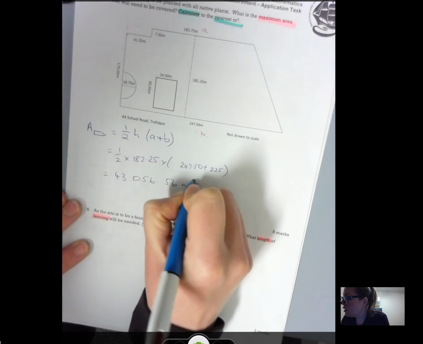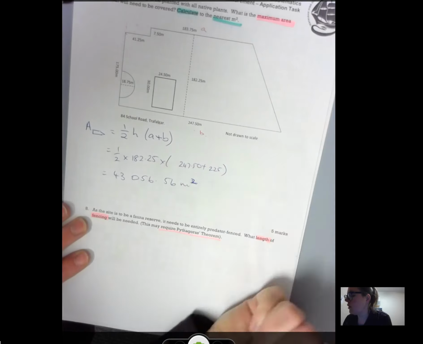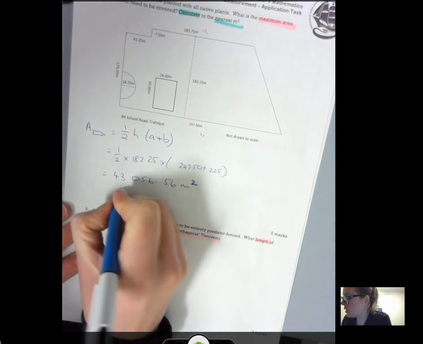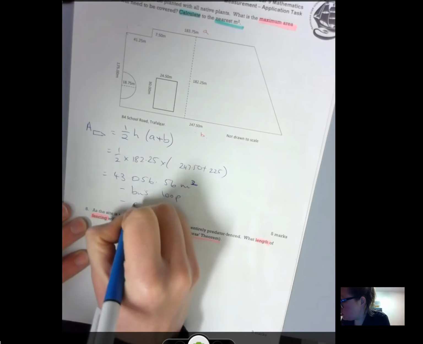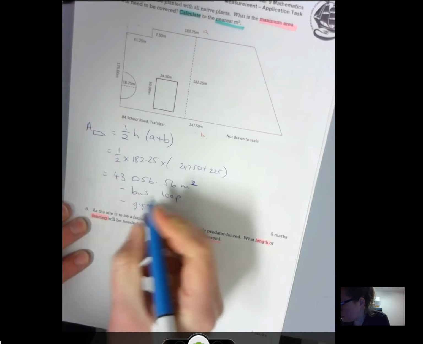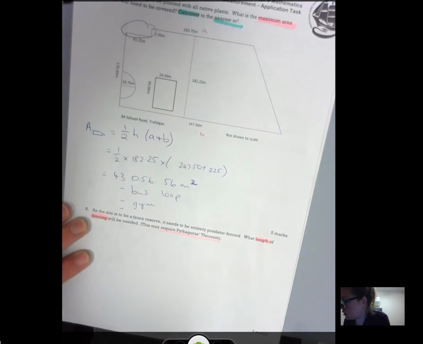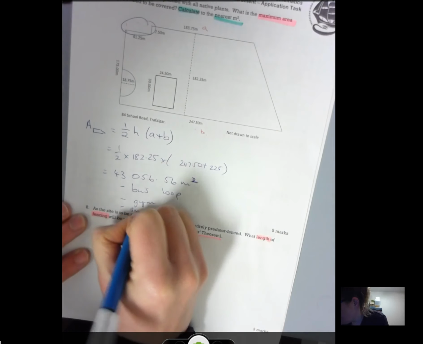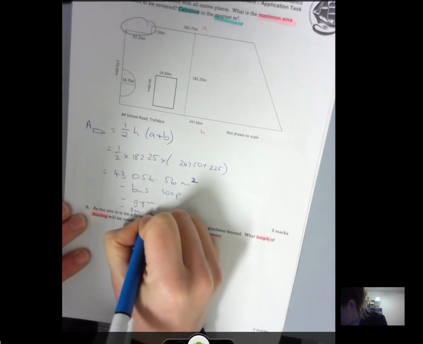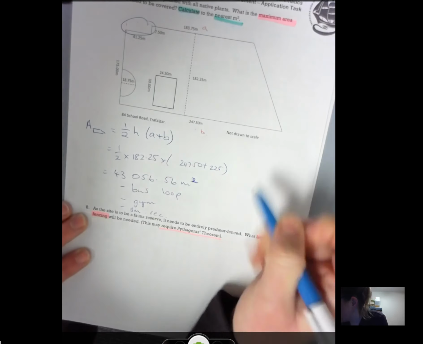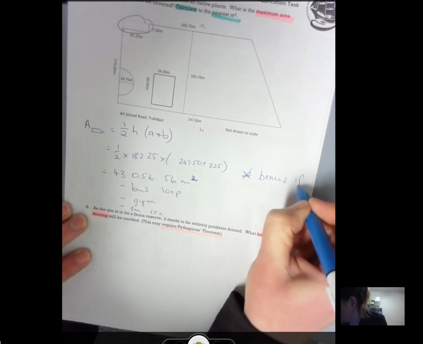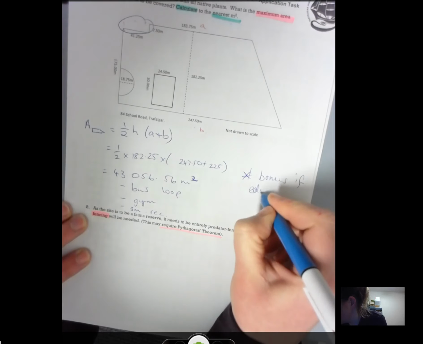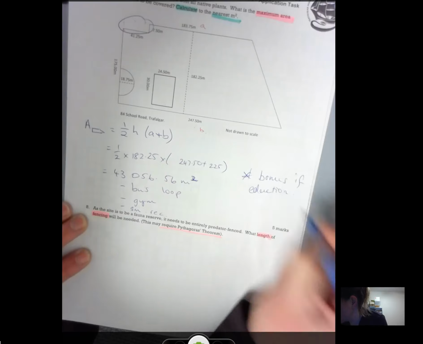Okay, now that is not the area that we would be planting. You need to subtract the bus loop, the gym, this little cutout here, and then bonus marks were given if you included your educational room as being subtracted as well.